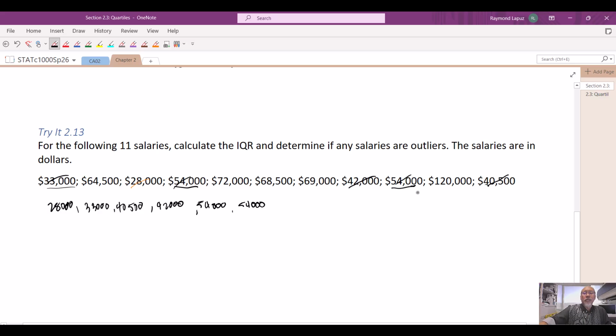And then now we're in the 60s, 64. So 64,500 is the first number in the 60s. And then 68,500, 69,000.